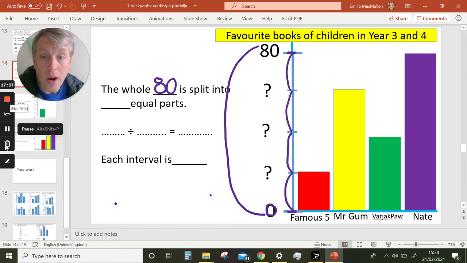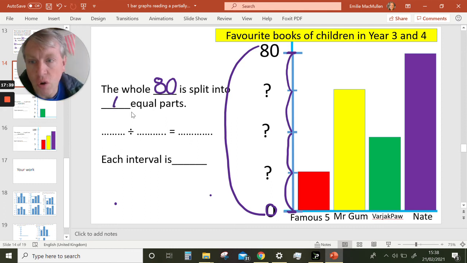So the whole 80 is split into 4 equal parts. So it's dividing, we're splitting our whole amount into equal parts. 80 divided, split into 4 equal parts.